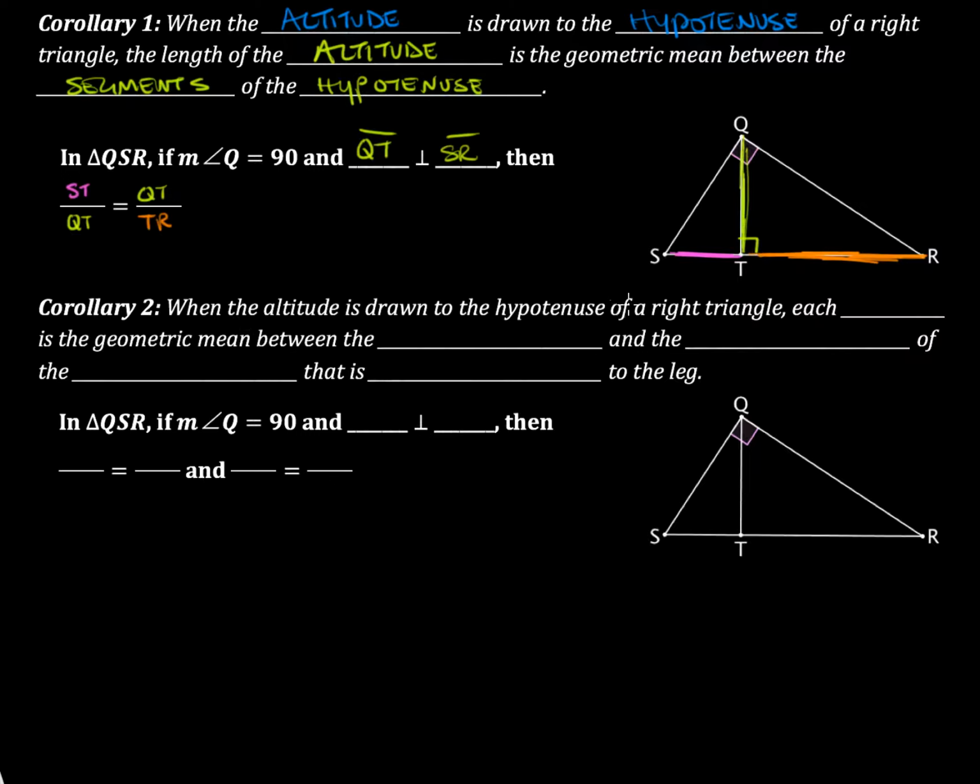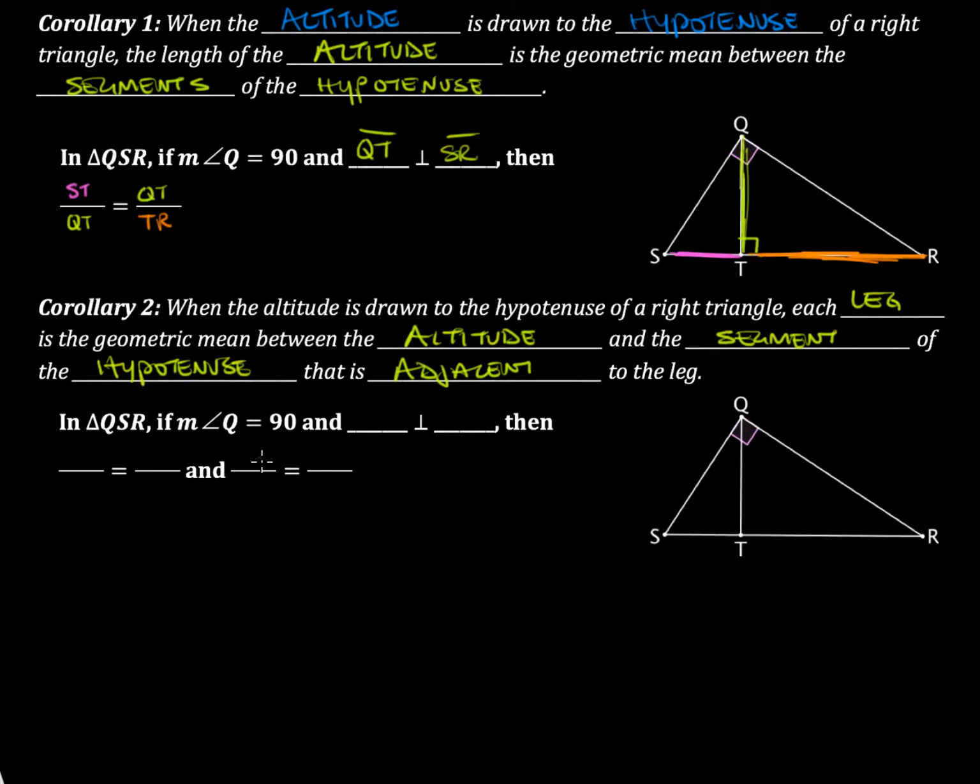Now the second corollary is something similar. When the altitude is drawn to the hypotenuse of a right triangle, each leg is going to be the geometric mean between the altitude and the segment of the hypotenuse that is adjacent to the leg.